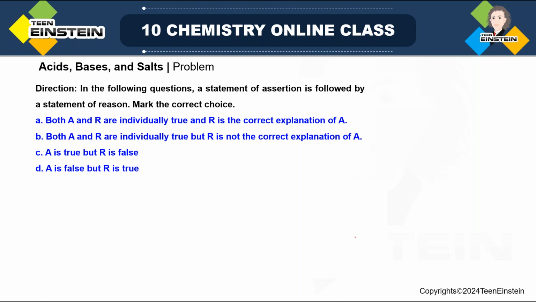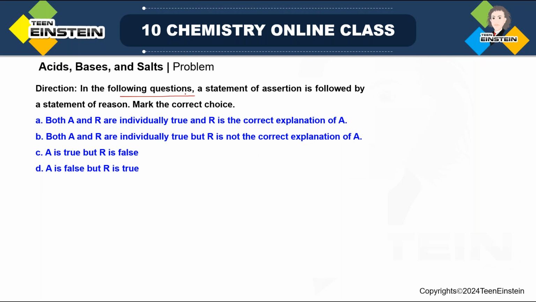Now in this question, whatever you are seeing on the screen is the direction. That is the instruction based on which you will solve the problem. The problem has not yet appeared on the screen. Only the direction is given. The direction is saying that in the following questions, which will appear after some time, a statement of assertion is followed by a statement of reason.